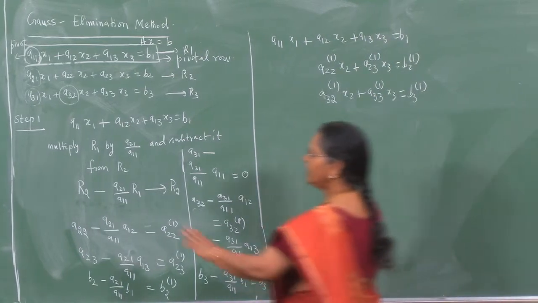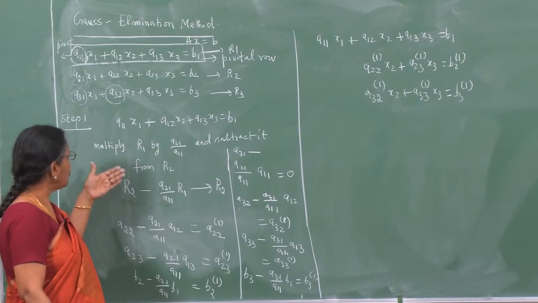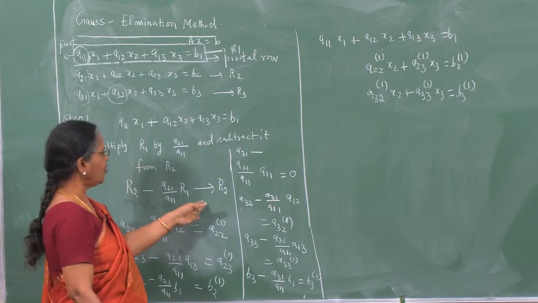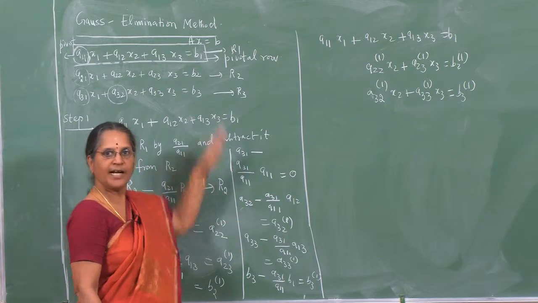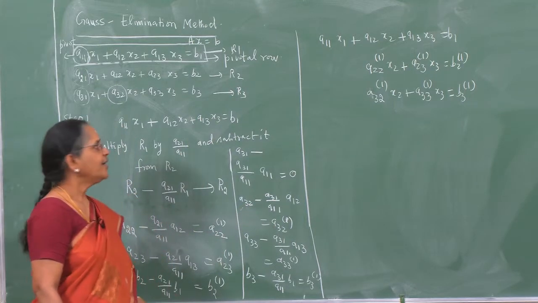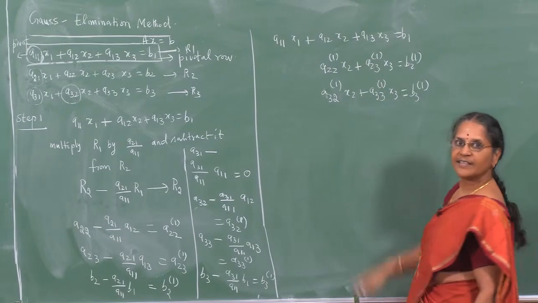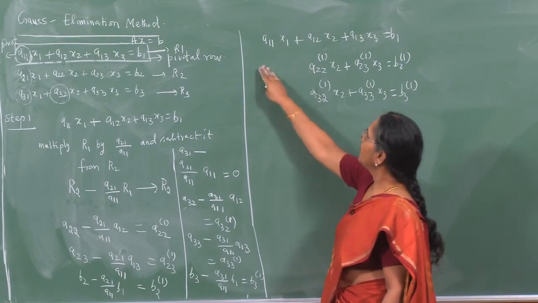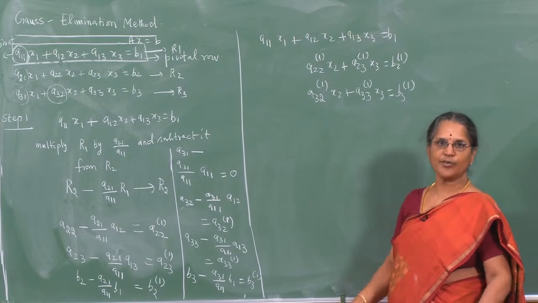So, you have completed your step 1, where you have used two elementary operations, one involving row 2 and row 1, the other involving row 3 and row 1. And the resulting system is something like this, wherein you see that the coefficient of x1 in the second and the third equations are made 0.